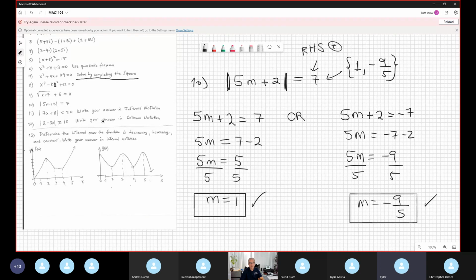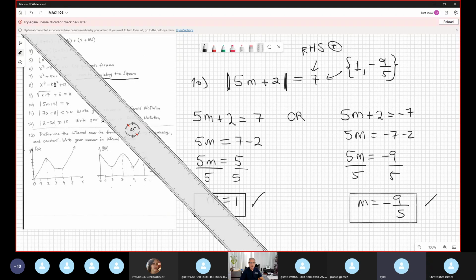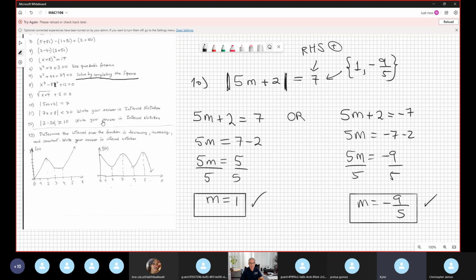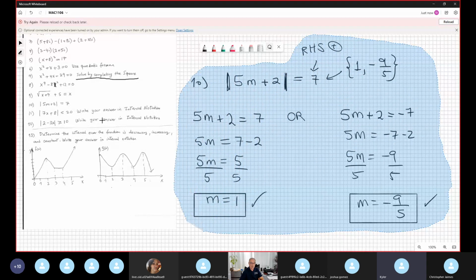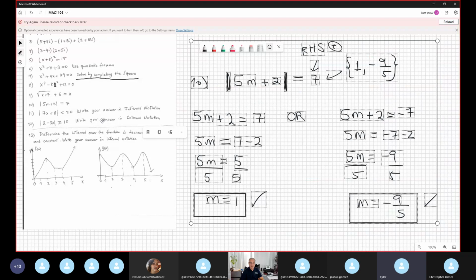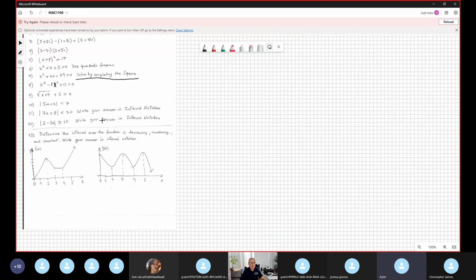Yes. Cool. Let's move on to question 11. 11 is an inequality, and 12 is also an inequality. So be careful, because 11 is less than, and 12 is greater than or equal to.